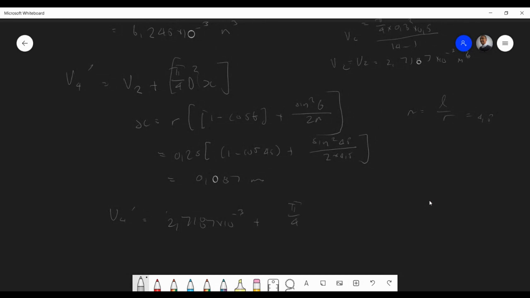It's this. So that's D, and that's going to be 0.3 squared. Obviously it's not the whole stroke now, it's just a small fraction of this, and you should get an answer of around 0.8 times 10 to the negative 3 meters cubed.